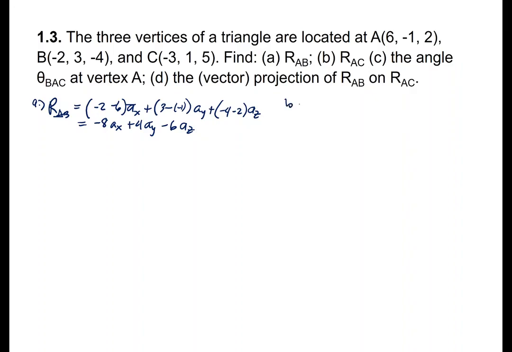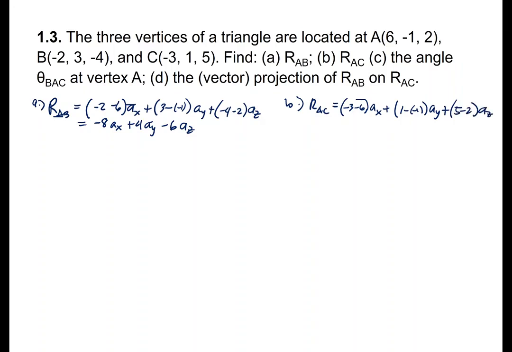Letter B, RAC. From A to C, therefore C minus A. So you have negative 3 minus 6 for AX, plus 1 minus negative 1 for AY, plus for Z, 5 minus 2.